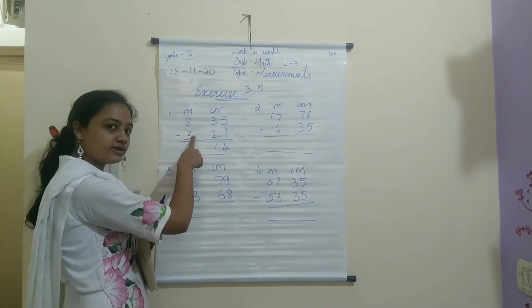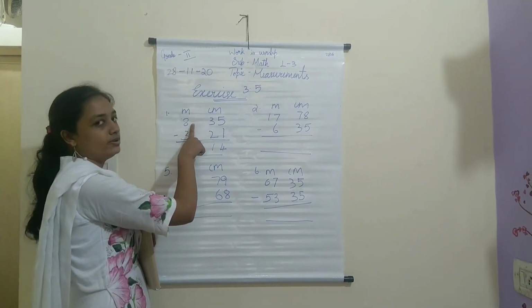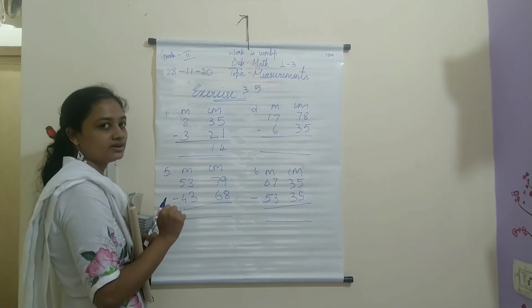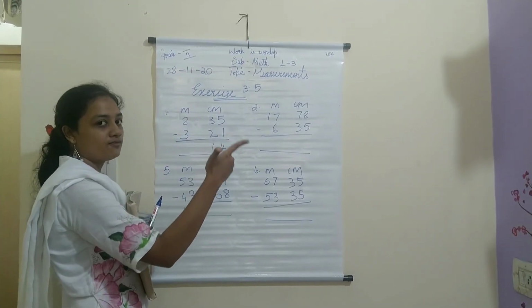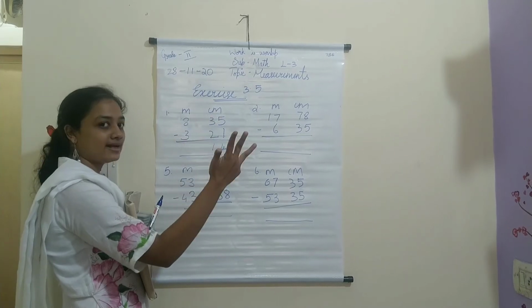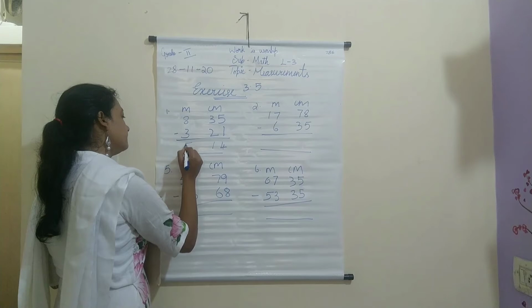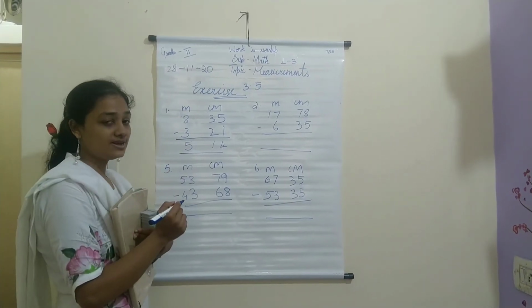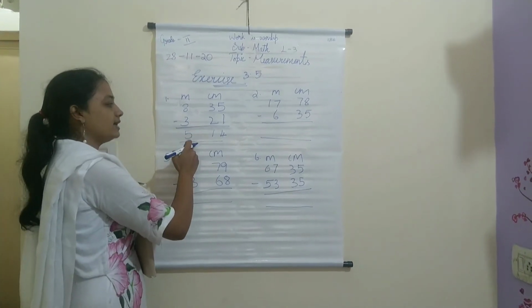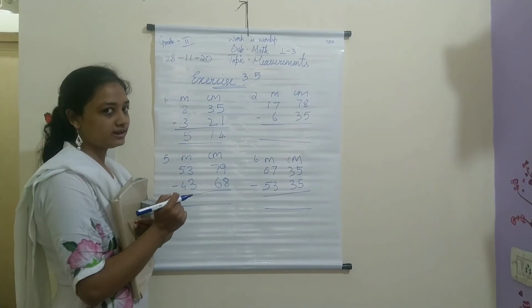Start counting after 3 and stop when you get 8. After 3, 4, 5, 6, 7, 8. So I have opened 5 fingers. Finish my first one. The answer is 5 meters, 14 centimeters.